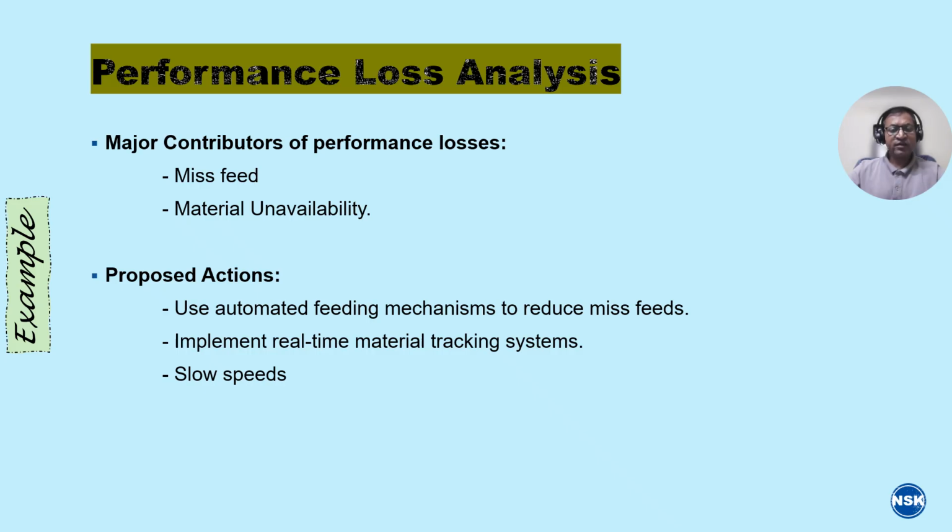Proposed actions are to use automated feeding mechanisms to reduce misfeeds, and implement a real-time material tracking system to address material unavailability. For slow speeds, optimize the human interactions with the material, modify the workbenches to enhance ergonomics, and rearrange the workload of laborers.